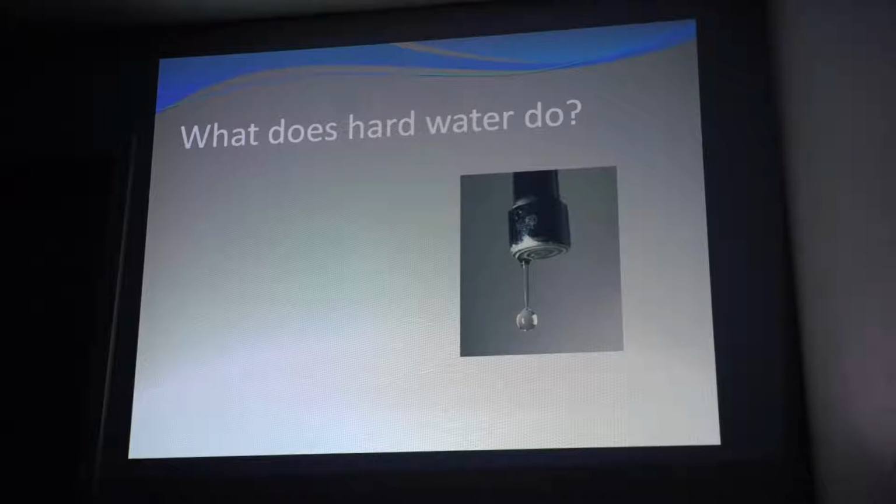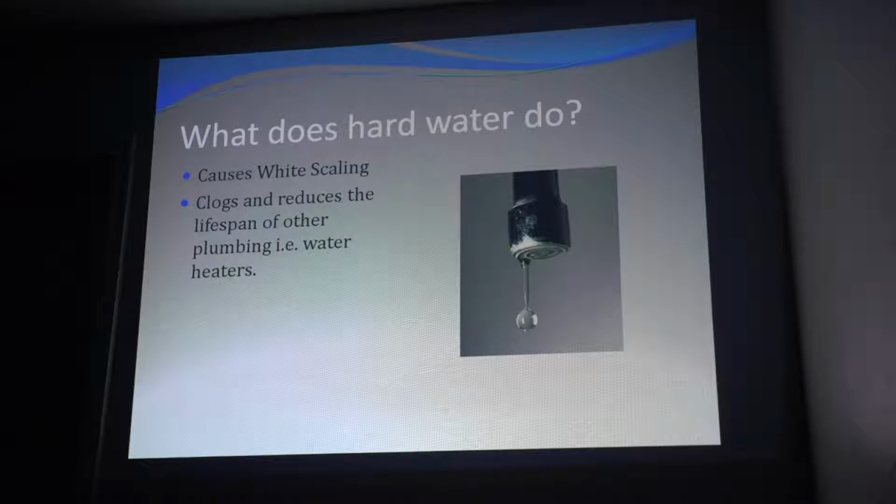What does hard water do? It causes white scaling. You can see it on the end of that faucet. Really what that is, it's just dissolved limestone. Hardness is dissolved rock. It clogs and reduces the lifespan of other plumbing, such as water heaters and reverse osmosis systems, residential through industrial.